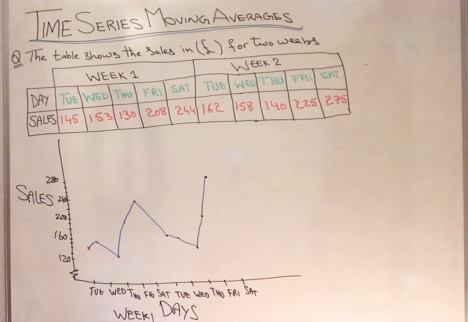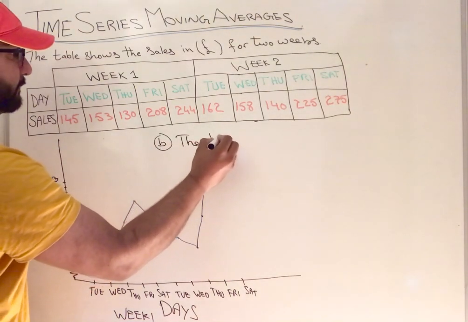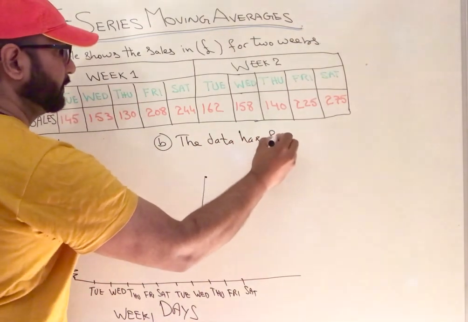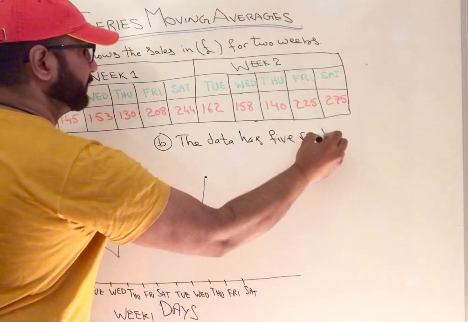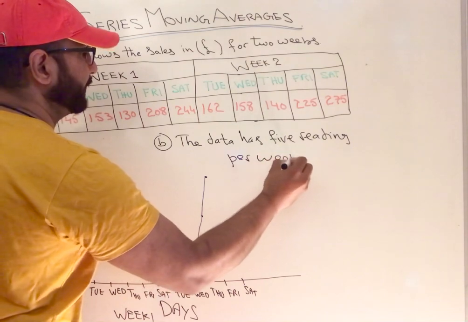Now secondly, the second part says to explain why a 5 point moving average should be calculated. The explanation of why we are using moving average: the data has 5 readings per week.